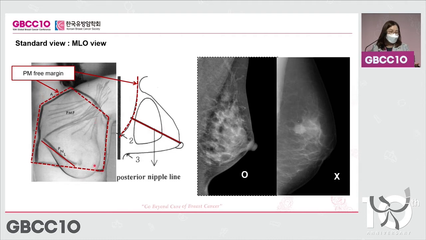And on top of this muscle, we have the breast, and this muscle has to be included in order for the breast to be seen accurately and for the radiologist to see whether there is a lesion in the breast or not. If the image, the shot, as you can see, does not include the whole area, it may exclude some of the lesions present in the breast.